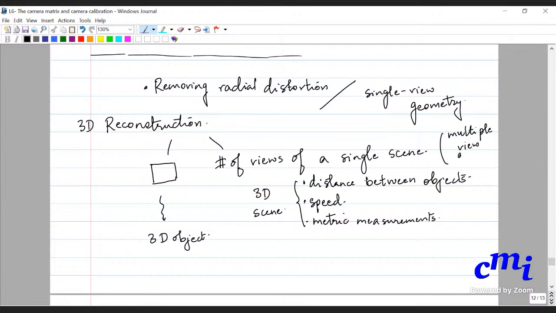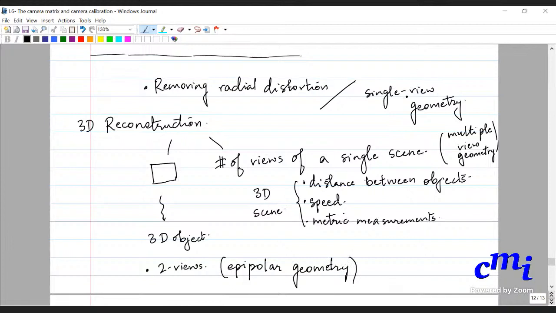Of course, different numbers of views have to be treated differently. This is also called stereo vision. What I wish to cover is at least a little about two views, and the geometry here is called two view geometry or epipolar geometry. And that is all.